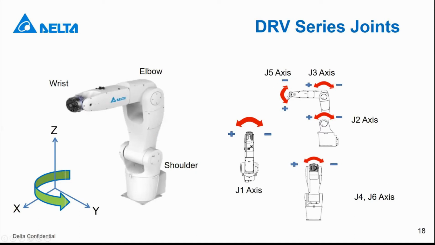Joint 5 at the end moves the wrist in the same direction as the two axes. And joint 4 and joint 6 are on one line of the robot. Here is joint 6, and in the middle of arm 2 is joint 4, and they move in the same direction.